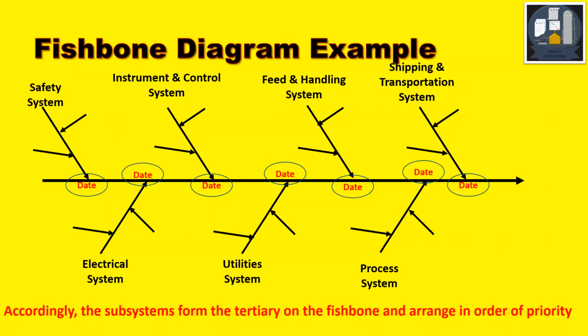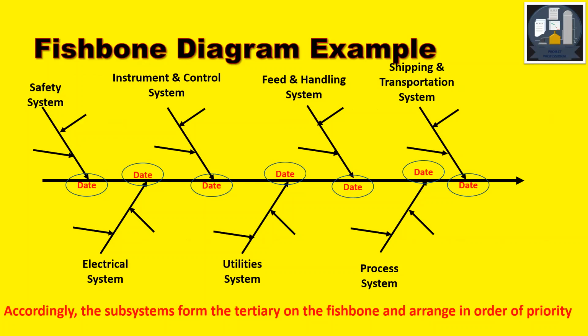In this example of fishbone, it goes from left to right, and all the nodes are there, like the safety system, which should be first priority. Then next should be the electrical, then instrument. These are all systems, maybe process here, and later shipping and transport, because we have to send the product somewhere.